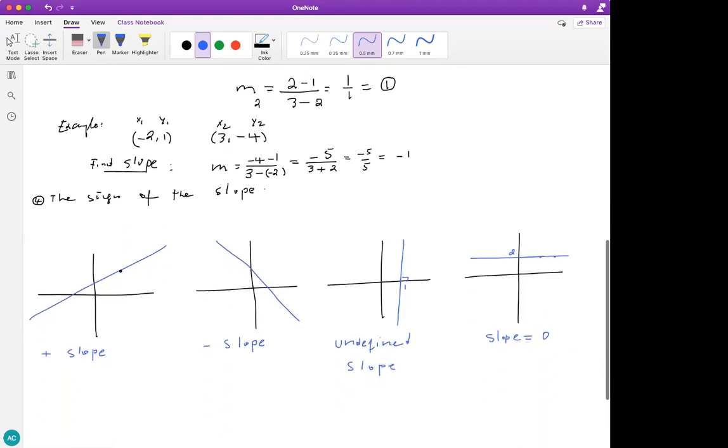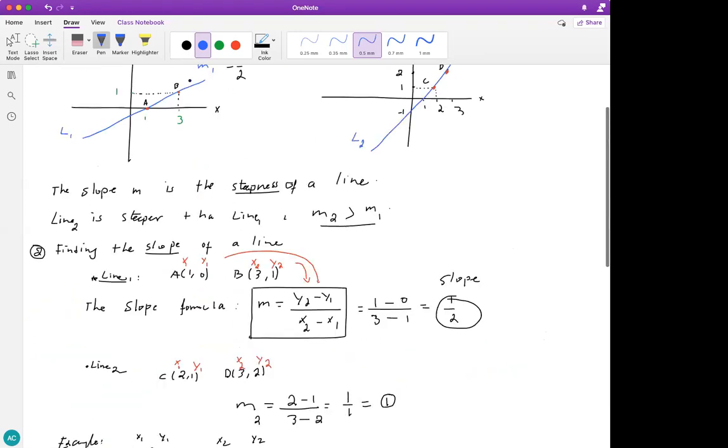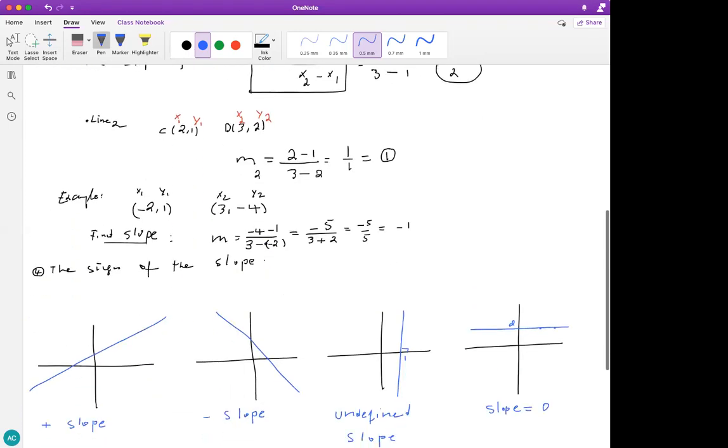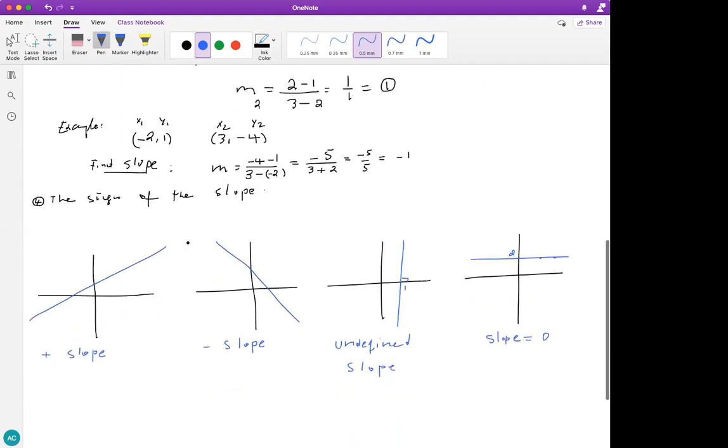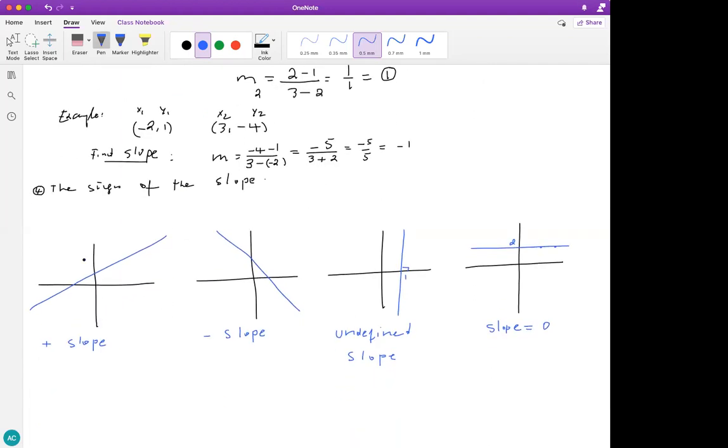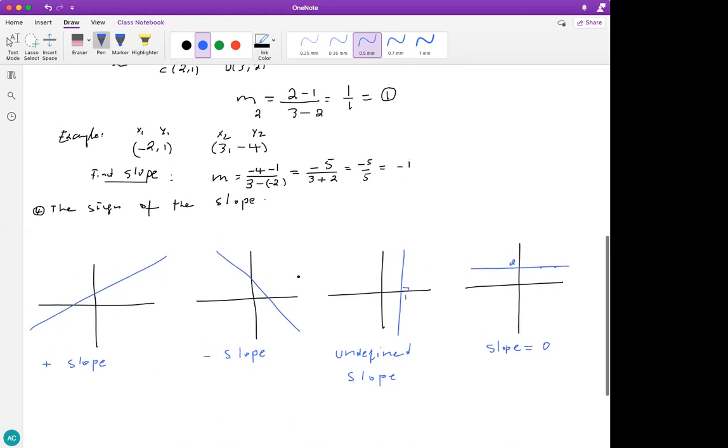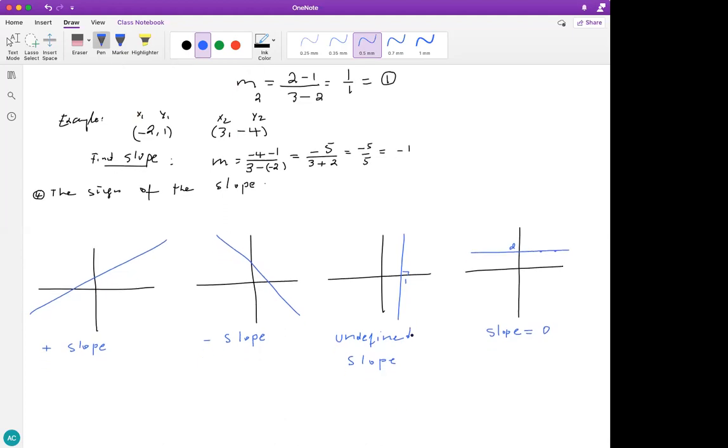And for these lines, we need 2 points, as we did here. And be careful when you plug in your coordinates, and you'll see that some slopes are positive, some are negative, like this one. That's how you know that your line goes up from left to right, or it goes down. Okay, so those are all the four cases or possibilities of slopes.